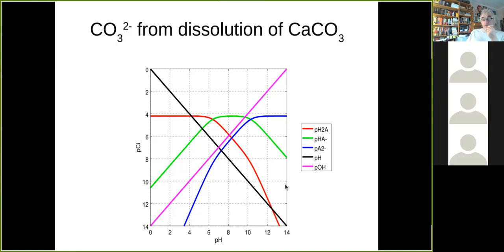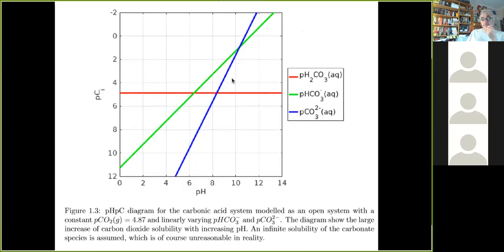But suppose bending up this sloping red line will equally well bend up all the other lines. And so this is just a way I try to illustrate that at a certain pH, we can say that we have a constant inflow of carbon dioxide from the surroundings.